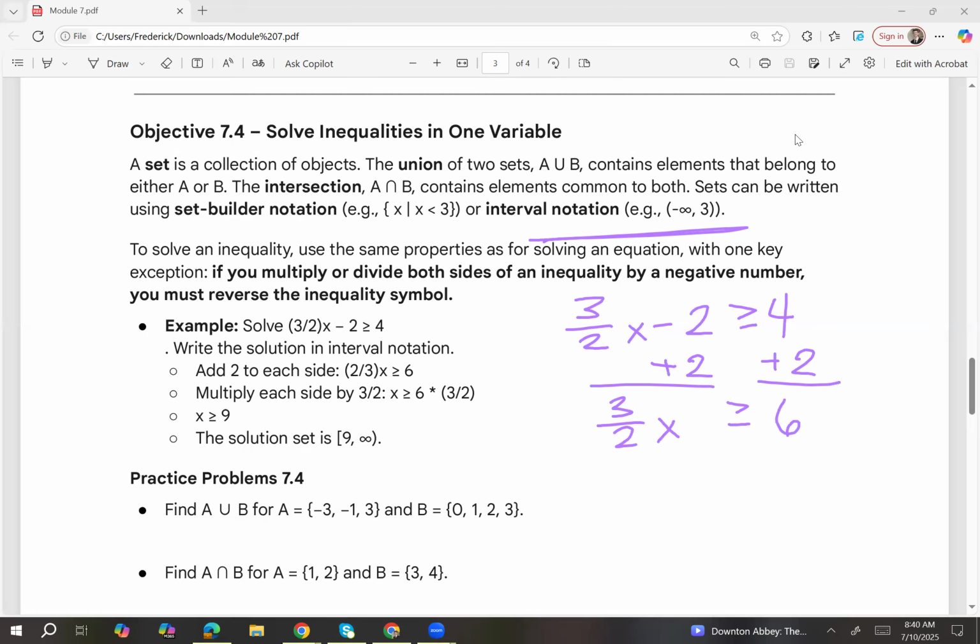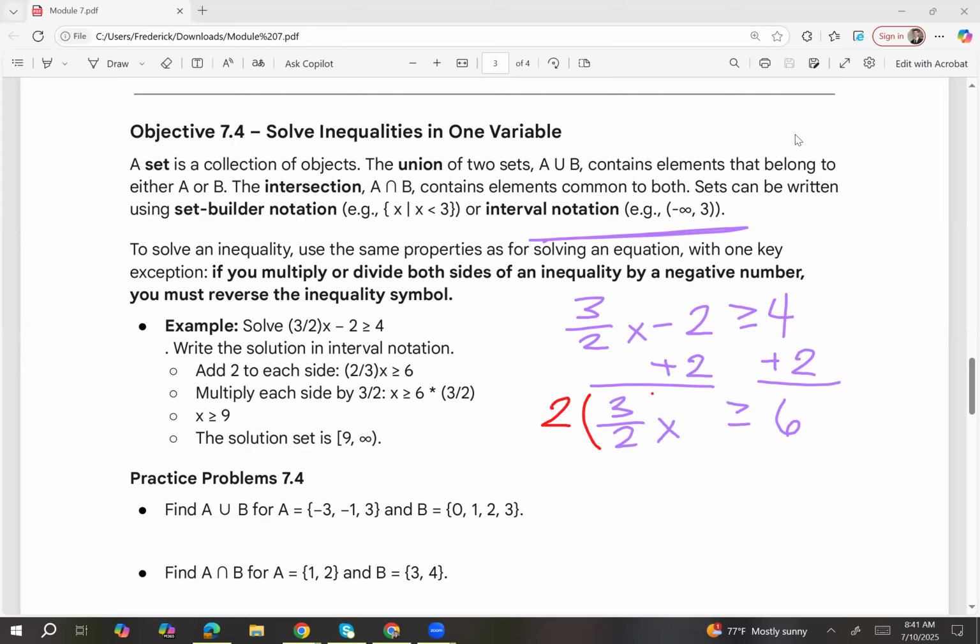Now that exception that we talked about, notice there's no negative with the variable x. So we're not going to flip around the inequality sign since we're not multiplying or dividing by negatives. We have a positive 3/2 in this example. What I suggest when you have a fraction and you're trying to undo this is start with multiplication of that thing that's in the denominator, the 2.